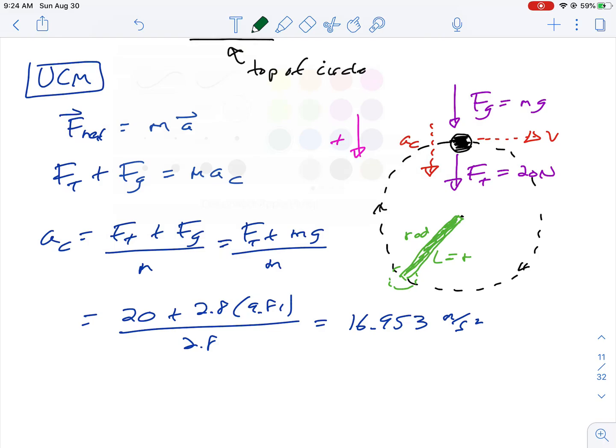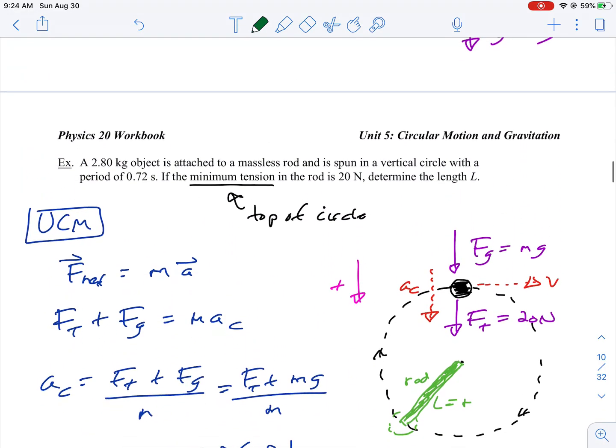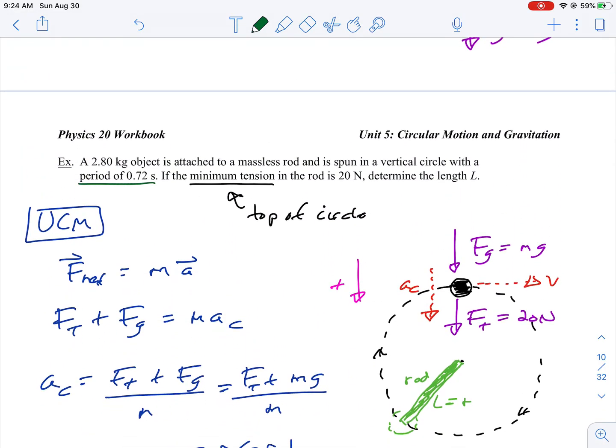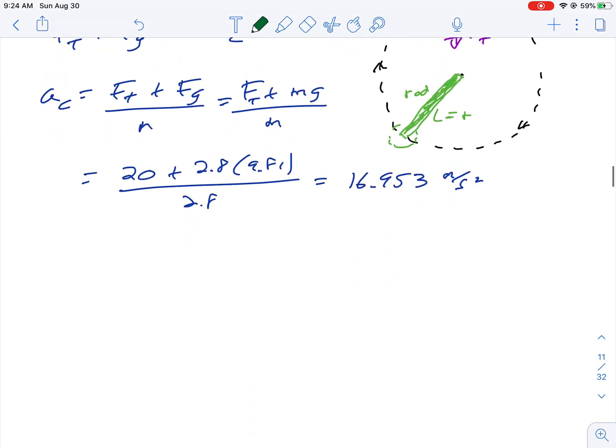Good. So to do so, you'll notice also we're given the period of 0.72 seconds. So that means we need a formula with AC and period. So there's your AC equal to 4 pi squared r over T squared. We just want to solve for r. So we have AC times T squared when you cross multiply is 4 pi squared r.